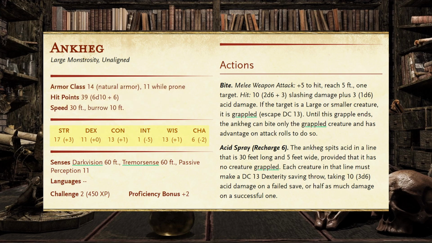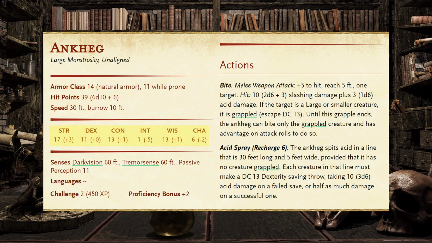Looking at their ability scores, the Ankheg has 17 strength, 11 dexterity, 13 constitution, 1 intelligence, 13 wisdom, and 6 charisma.